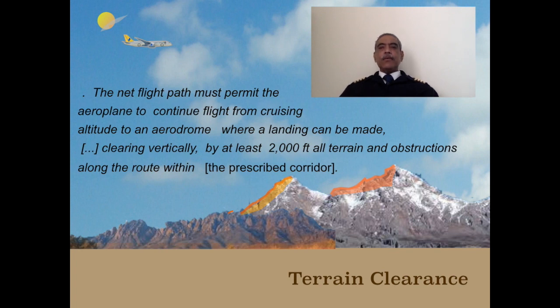In the 1000 feet rule, the entire route and the worst case scenario is taken, and at any point, the net flight path must clear any obstruction by 1000 feet. So it's a stiff rule because at some places where the obstruction has already been passed, maybe you are not able to clear. So that's why the requirement of the 2000 feet came in.